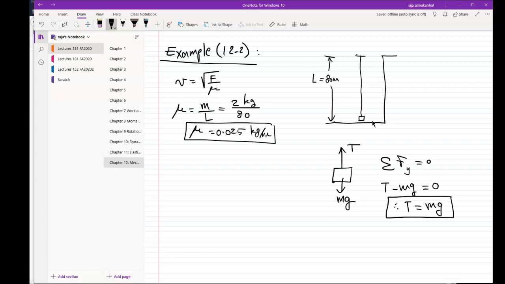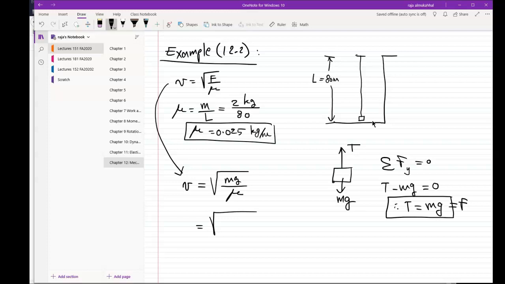Now I go back to this formula right here. The velocity is equal to the square root of the force, which is the tension, so that will be mg over mu. Make sense? Just plug in your numbers. Now remember, this m is not the mass of the rope.